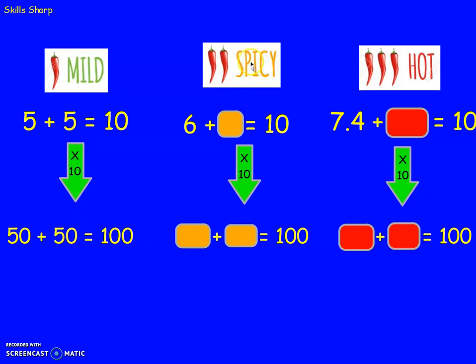Let's go on to spicy then. So 6 plus something equals 10. Let's take a look. It's 4. So 6 and 4 is a number bond for 10. If we multiplied all this by 10, we would also know that 60 plus 40 equals 100.